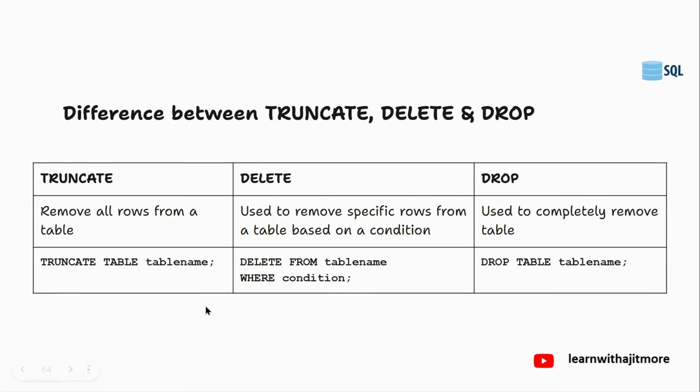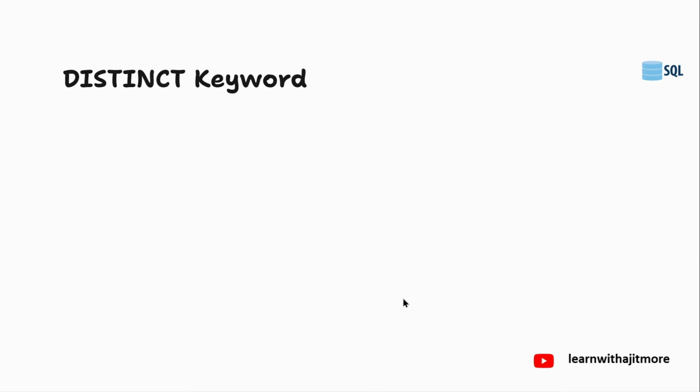So from a speed point of view, delete will always be slower, because it has to do filtering too. So when you know that all the records are to be deleted, don't go for delete directly; use truncate so that all the records are removed. Okay, I hope this is clear to you.